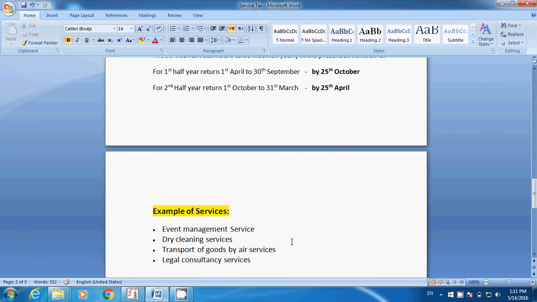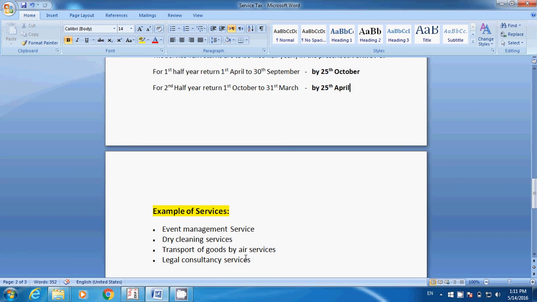There are a lot of services, so I'll give some examples: event management services, dry cleaning services, transport of goods by air services. These are services, there is no product here. And legal consultancy services.